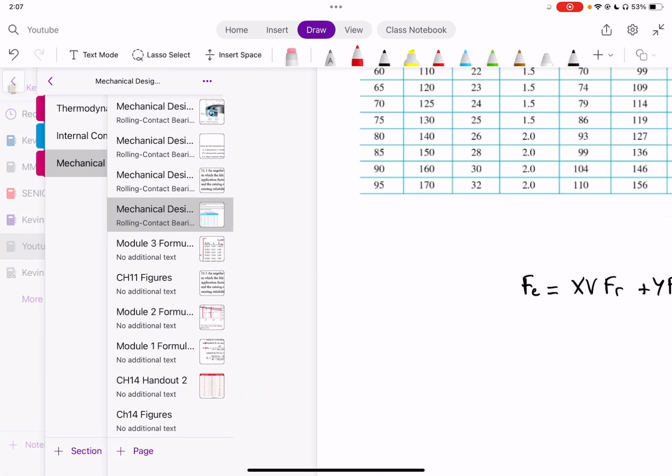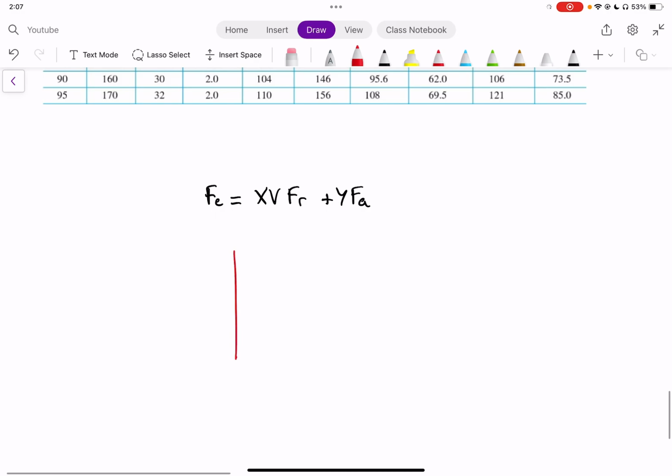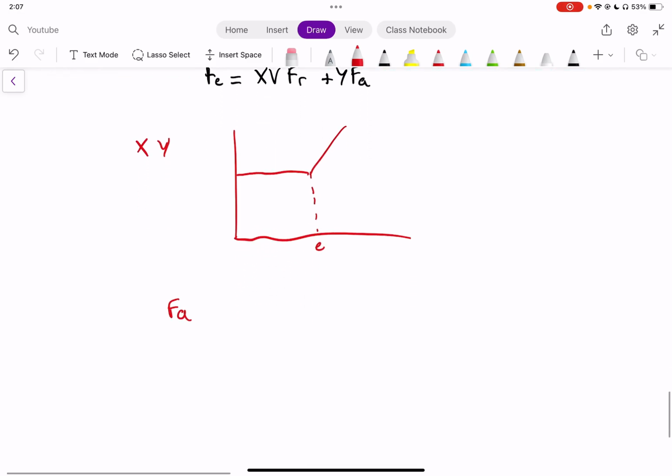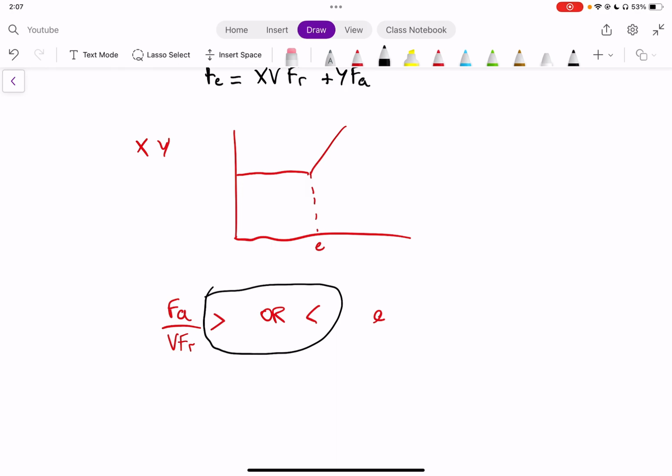If we were to show the graph really quick again, I would have the graph with my E value right here, a straight line before, and an angled line at the top, and what I'm looking for is X and Y. But what I need to figure out is whether FA over VFR is greater than or less than E. I need to figure out this term first, because that's going to determine whether I'm going to use this part of the graph or this part of the graph.